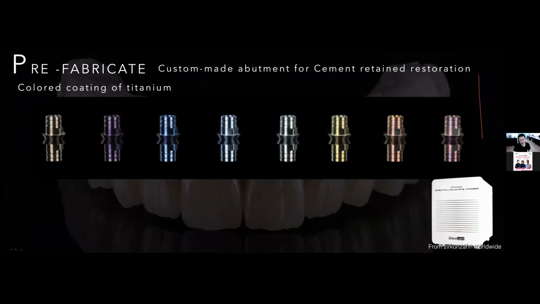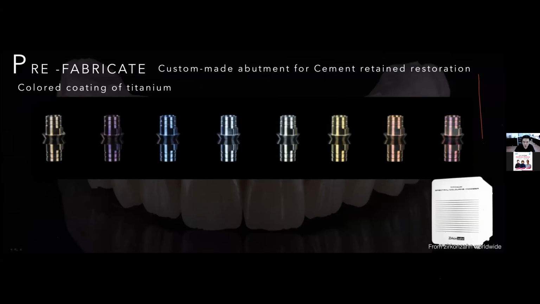The titanium abutment's color is like silver, and when you set it in the patient's mouth, we can see the tissue exposes a little shadow, a black dark shadow. So that is not good and very ugly.